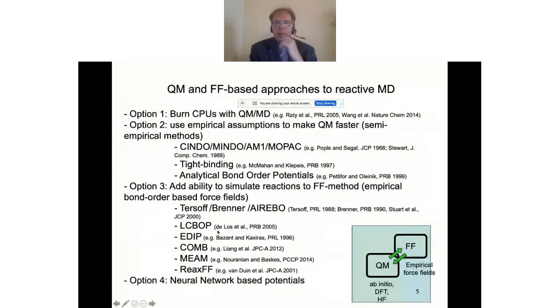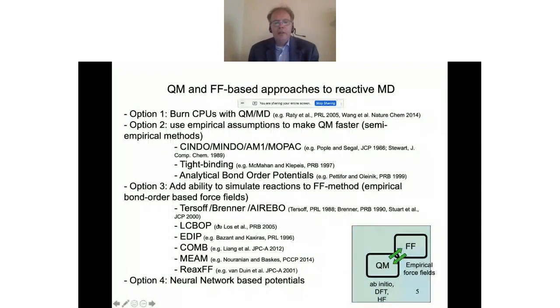Another option is to take the force field methods that have been around for a while and give them the capability to do reactions. The first effort in that particular field was done by Tersoff and Brenner in the late 1980s, early 90s, when they developed the Tersoff-Brenner and the AIREBO potentials. These used a bond order concept, allowing bonds to make and break during molecular dynamics simulations.